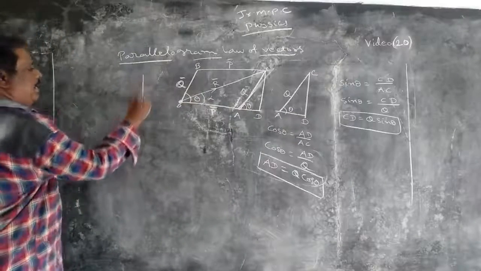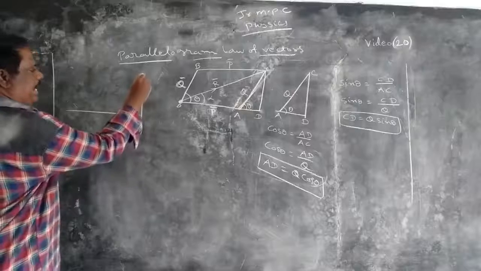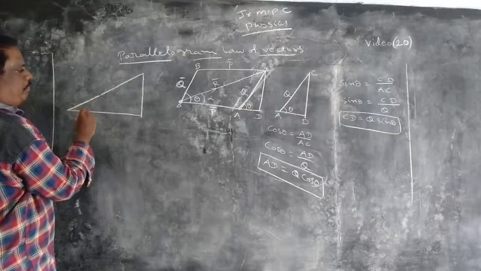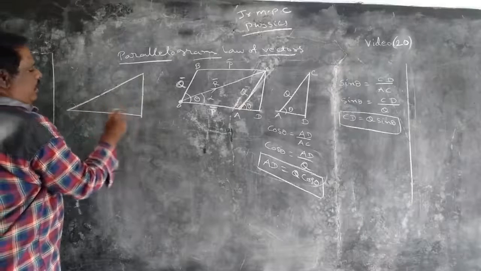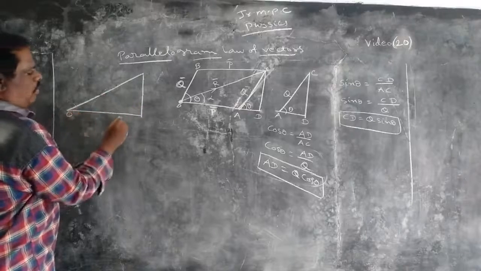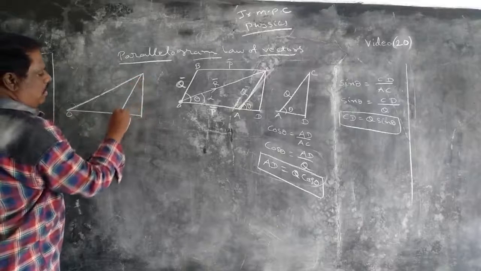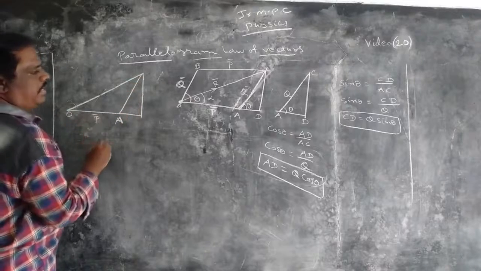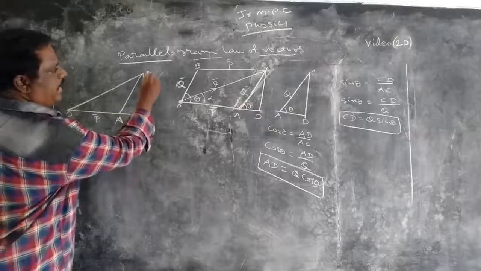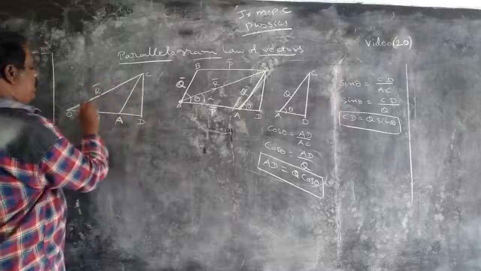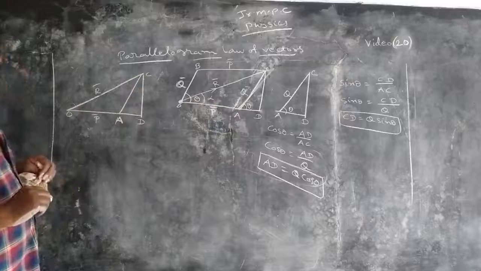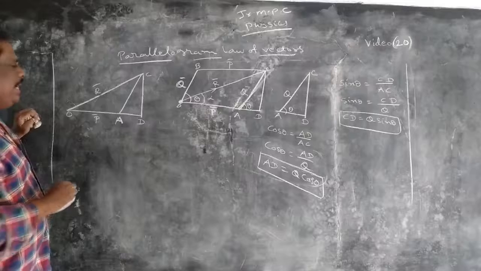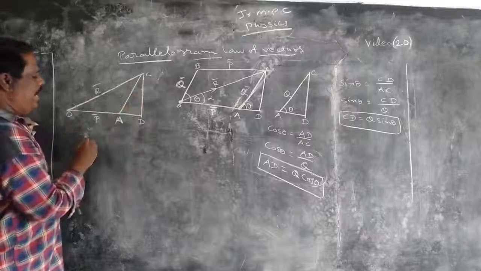Let us consider the diagram as a right angle triangle. Here the angle will be theta. The distance from O to A is P bar, and this is D and C. This is the R bar. Now apply the Pythagoras theorem for this triangle.